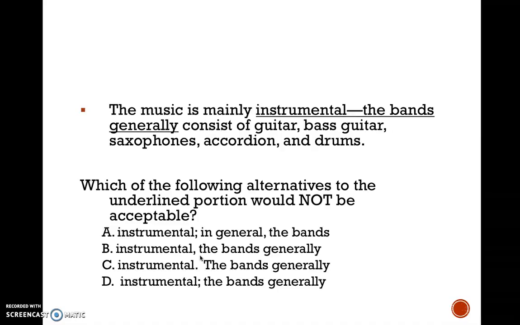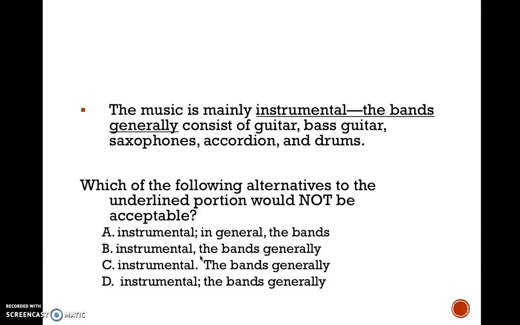So as we look at this, we need to determine grammatically what is incorrect, what does not work, and I can tell you that the dash in the underlined portion certainly works. We know it works because it's not even an option to change, really. So we're looking for incorrect ones. We know that "the music is mainly instrumental" is the end of a thought. That's the sentence boundary, which we'll talk about.